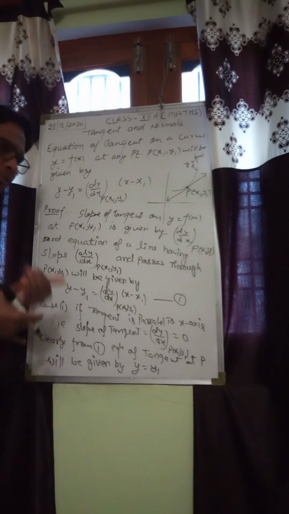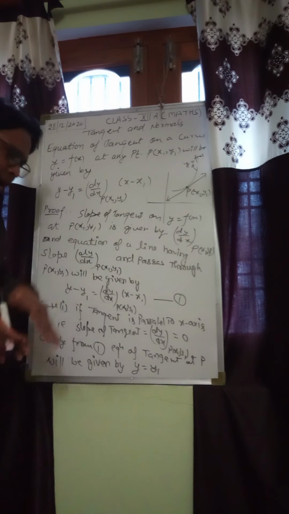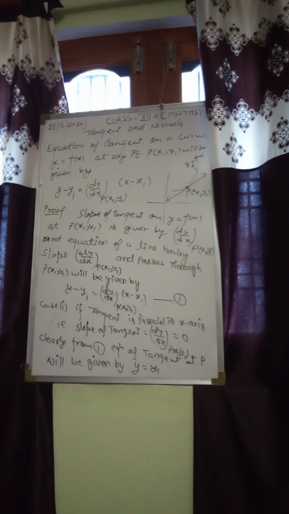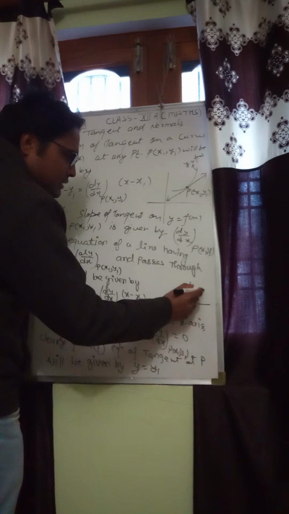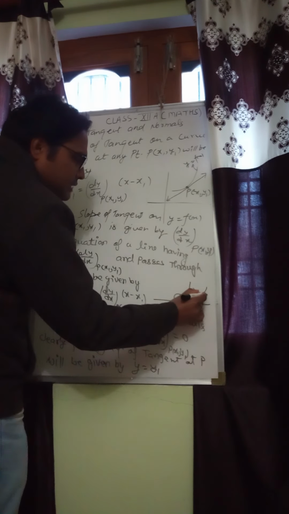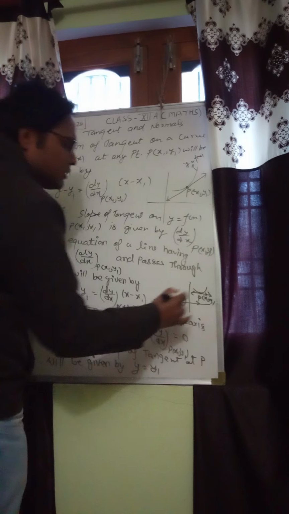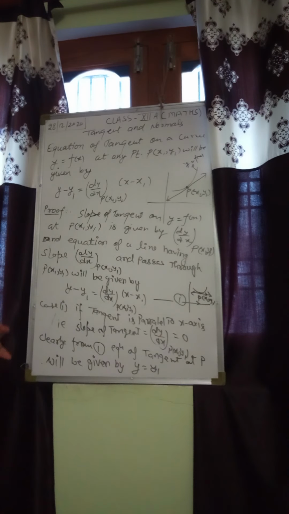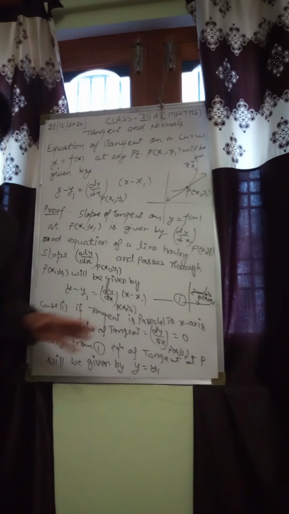We know it may be possible that tangent line at that particular point is parallel to x axis, like this. See, that is the curve, that is your point, and that is the tangent. You can see this tangent is parallel to x axis. So in this case, you know its derivative dy/dx will be equal to 0.